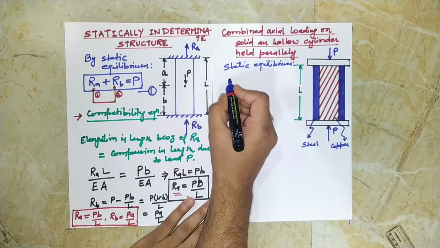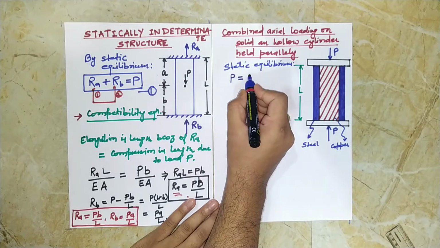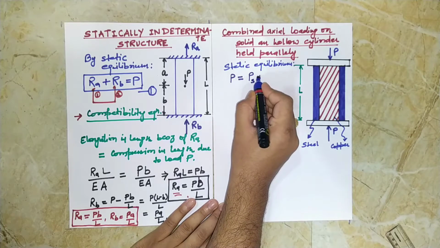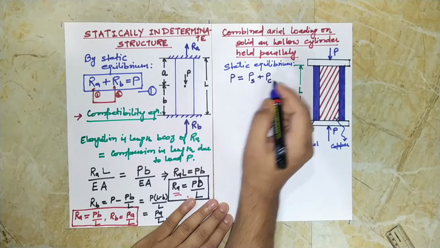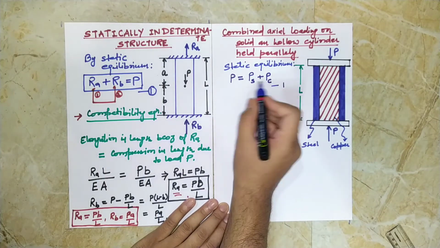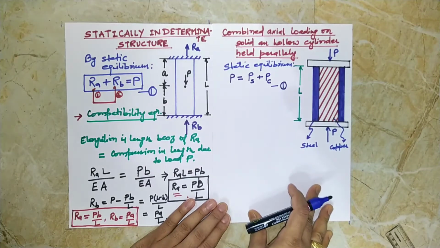So the load P that is given will be shared by the steel cylinder as well as the copper solid cylinder. Since the load is shared by both, it will come in addition.